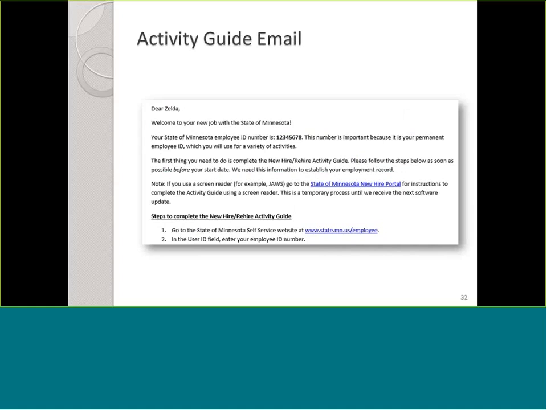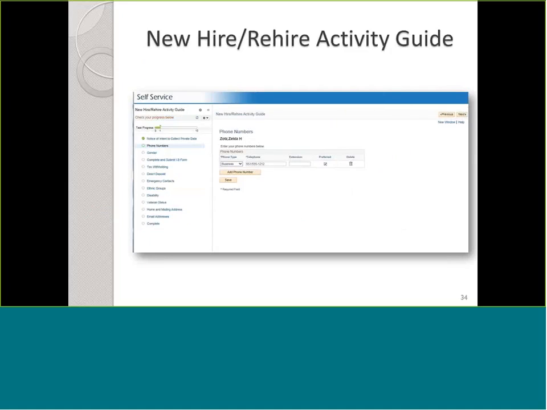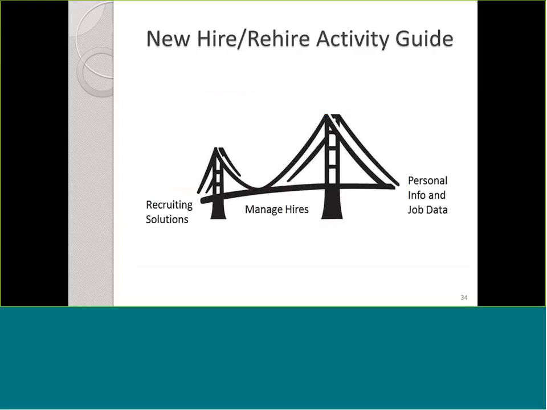They will receive an email triggered by the transaction in Semaphore, guiding them to the page in self-service and giving them instructions how to sign in. And when they get to self-service, they will find the new Hire and Activity Guide link. And this is the new page in self-service, the Activity Guide, which is just a way to walk through all the information that they need to complete.